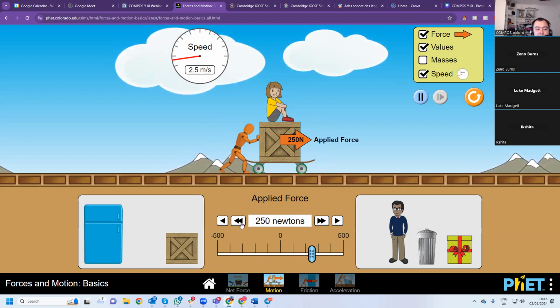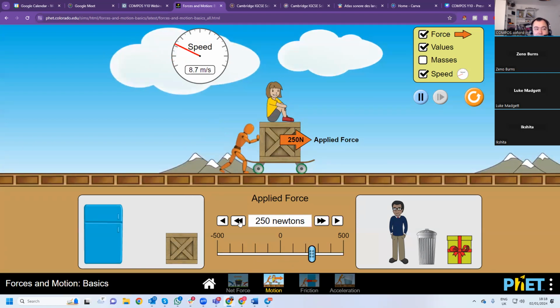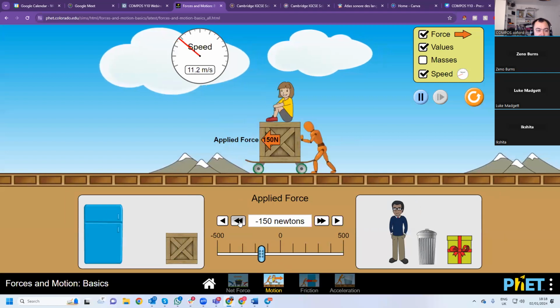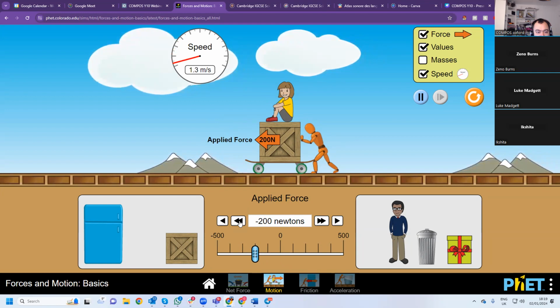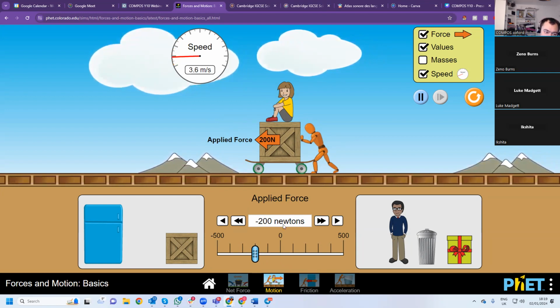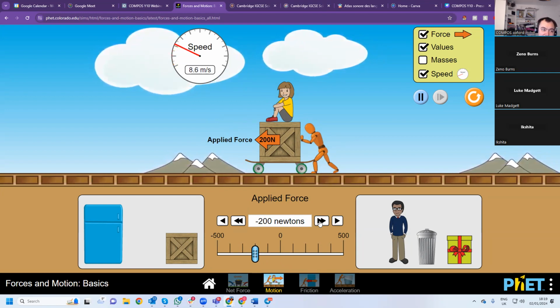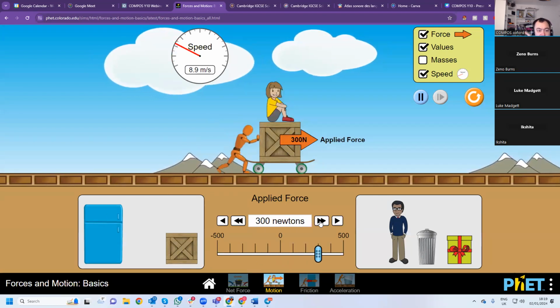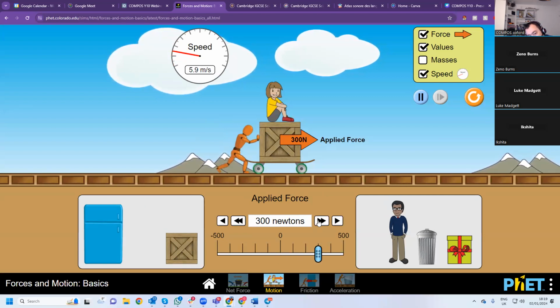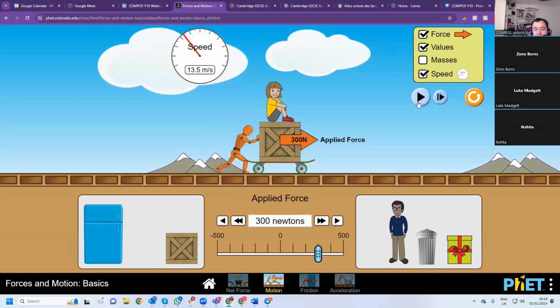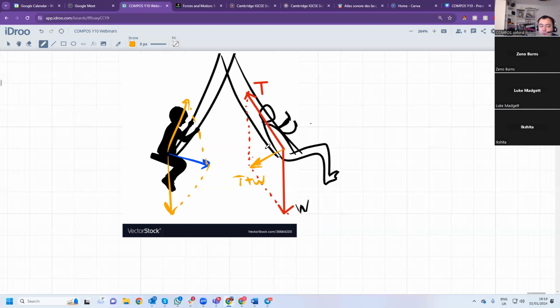So this sort of thing. This is how you swing. So you see, I'm pushing forward, I'm pushing backwards, and it's slowing down, and then it stops, and then starts going backwards. Then I change the directions. First it slows down, and then speeds up in the opposite direction. So this is what the swing does. The swing pushes you one way, then pushes you the other way, etc. Okay.